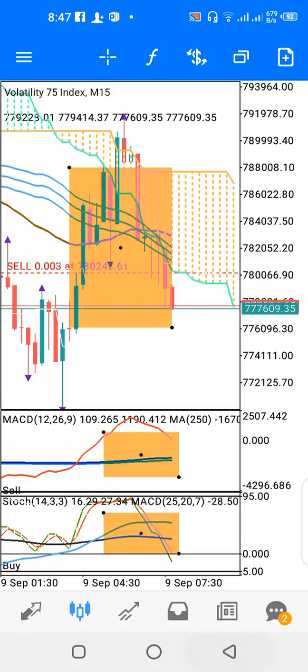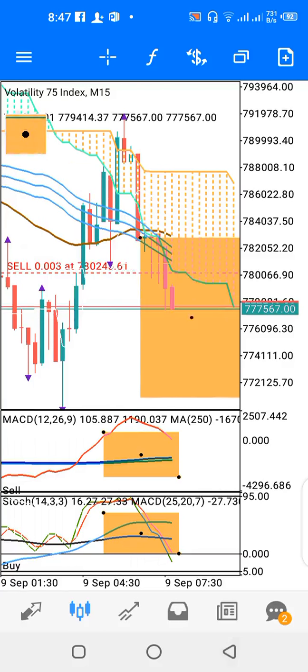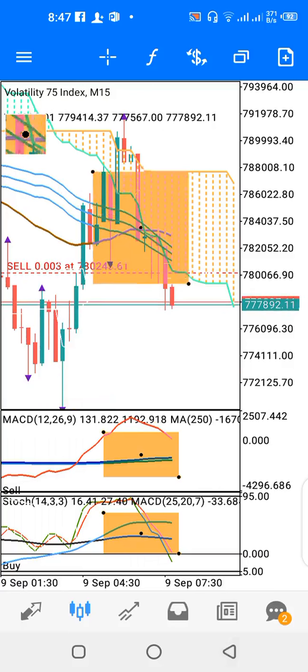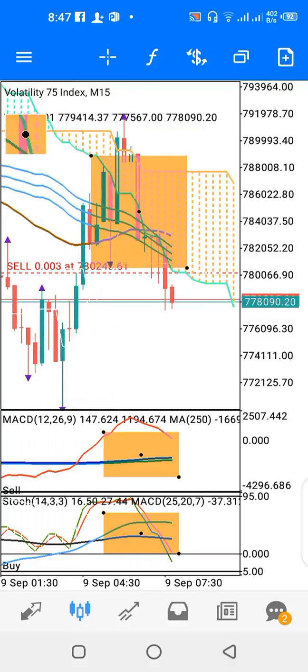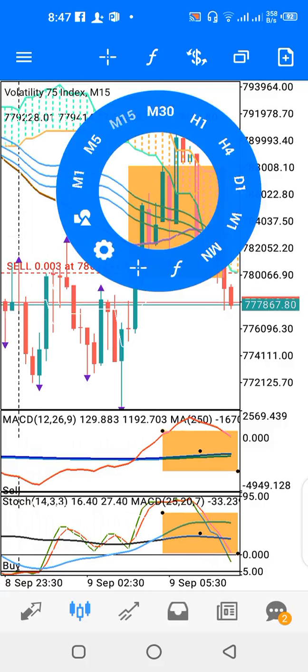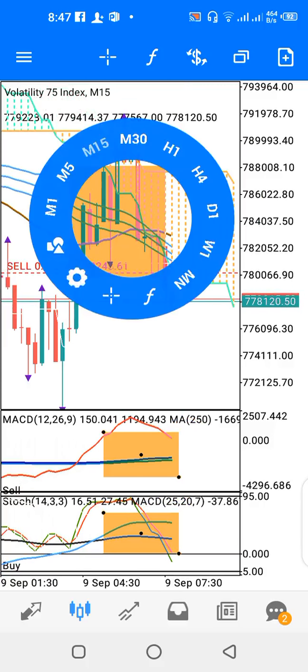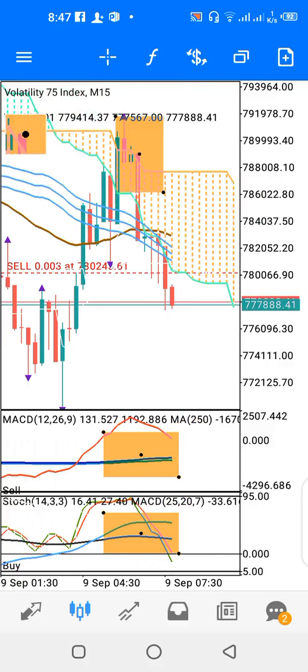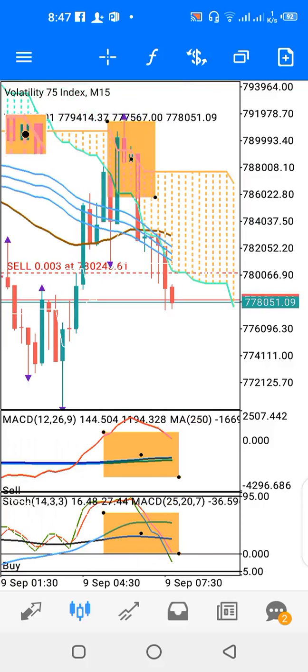Let's go quickly to the main chart. I'm selling right now, and the reason I placed this sell trade is because price entered into the cloud.